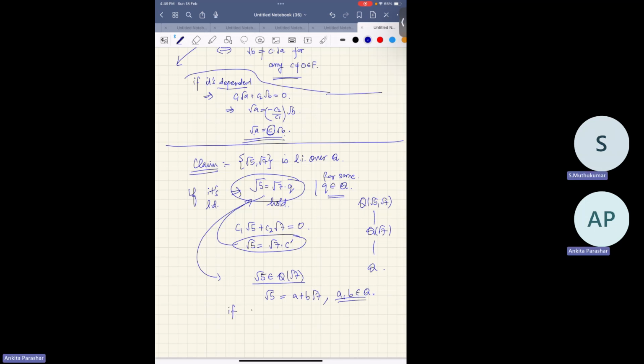Because if suppose b is 0, let's say, then a is root 5. Not possible because a is rational. If a is 0, then root 5 is b times root 7. Is there any contradiction?